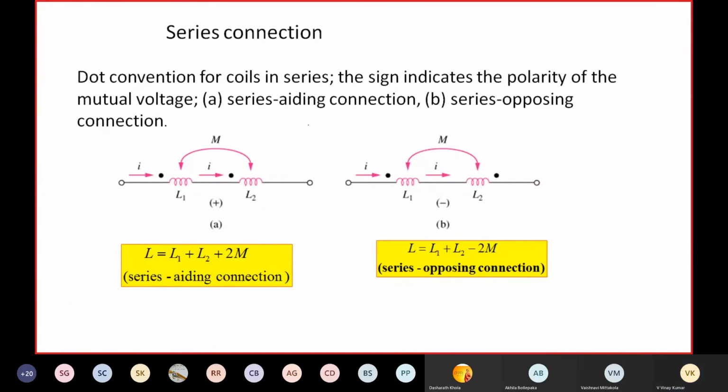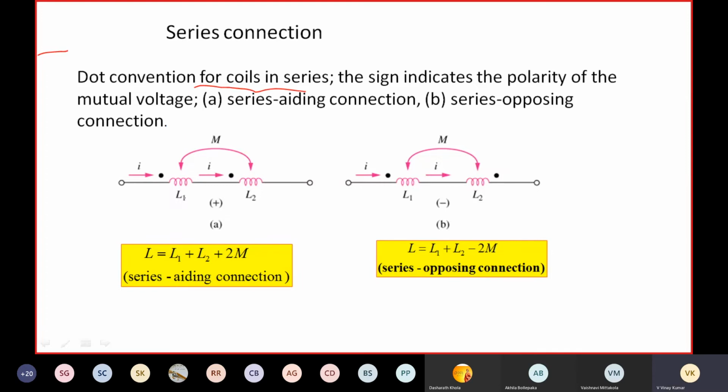Now, dot convention for coils in series. Dot convention for coils when coils are connected in series.